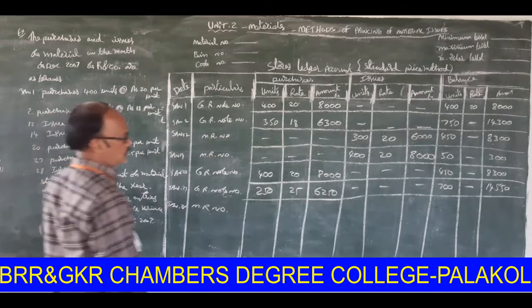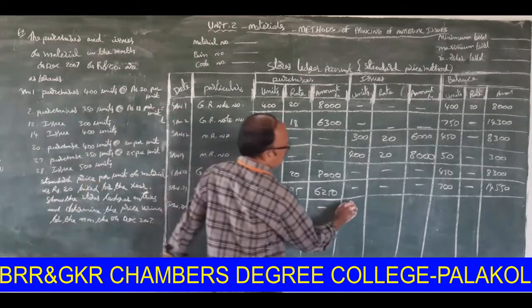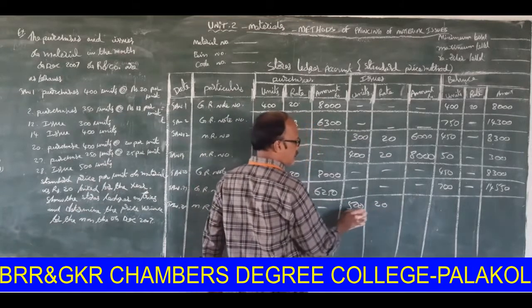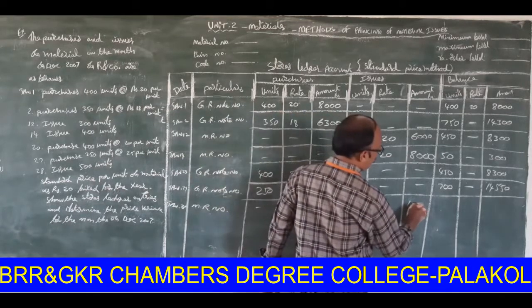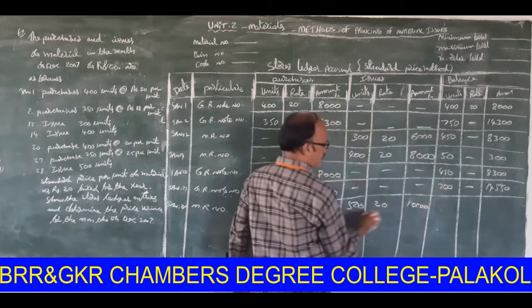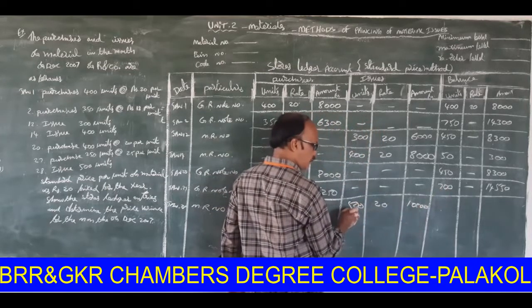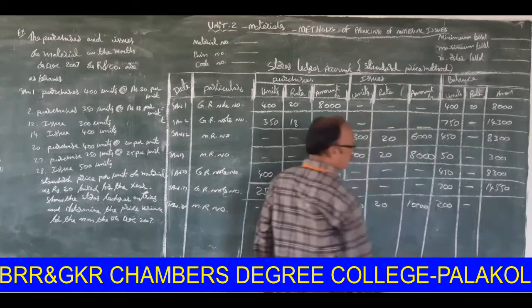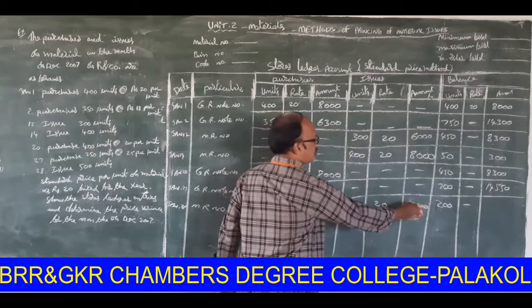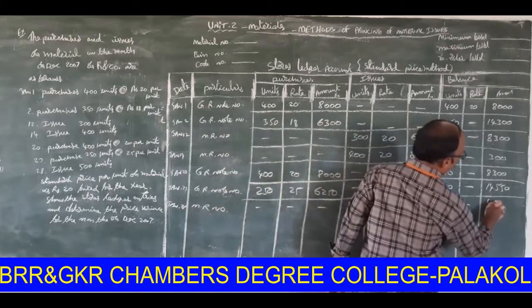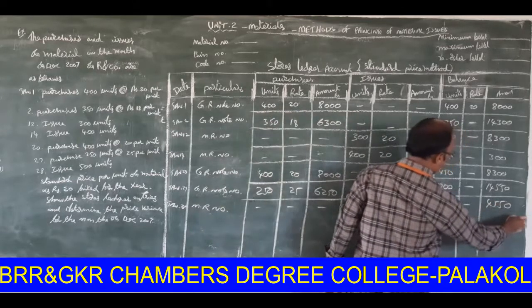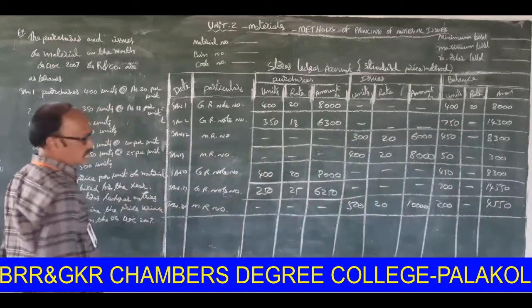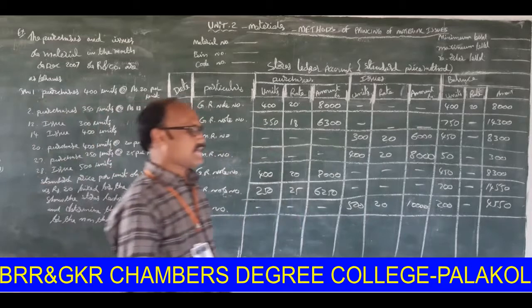Now 500 into 20, standard price 20, is equal to 10,000. 700 minus 500, that is equal to 200 units. 14,550 minus 10,000 is equal to 4,550. This is the stores ledger account as per standard price.